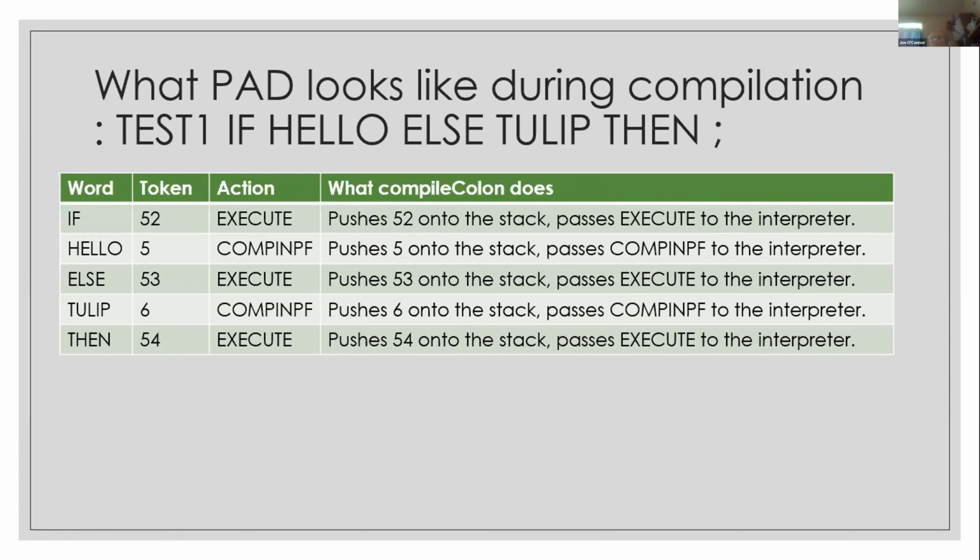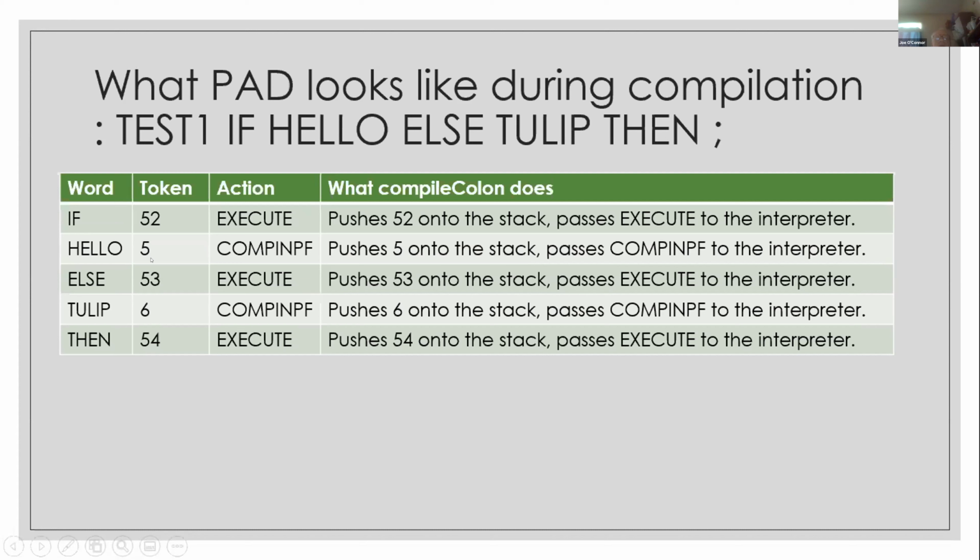So this is what pad looks like during compilation. I have the definition: test one, if hello, else tulip then. So if takes token 52 and has an execute action. So 52 is pushed onto the stack. It passes execute to the interpreter.